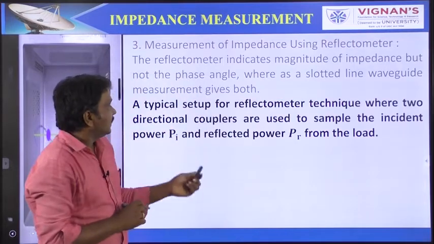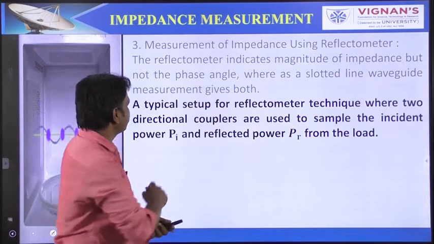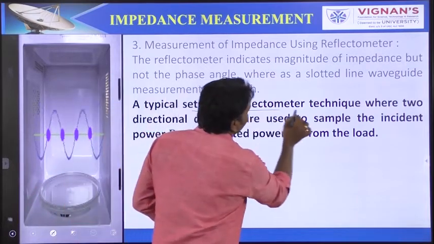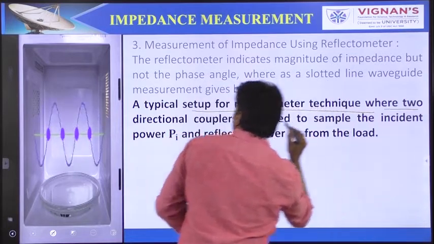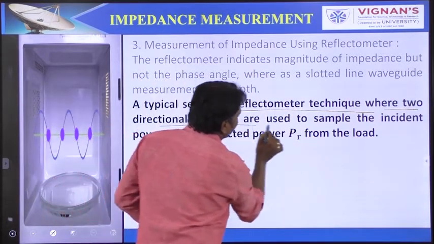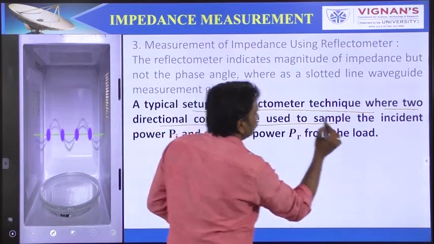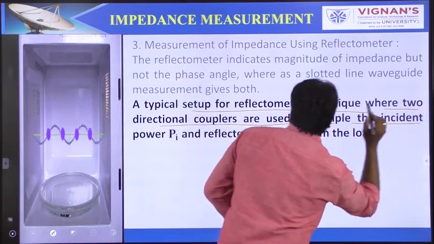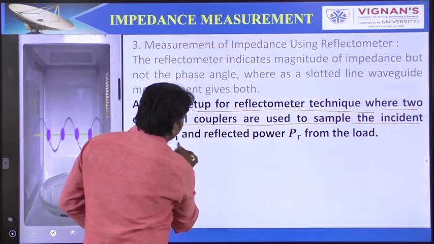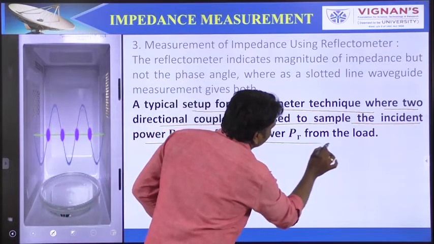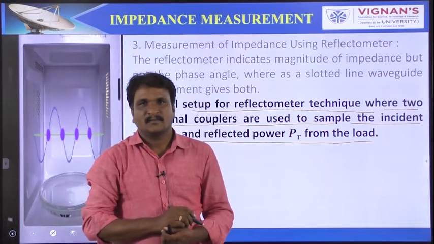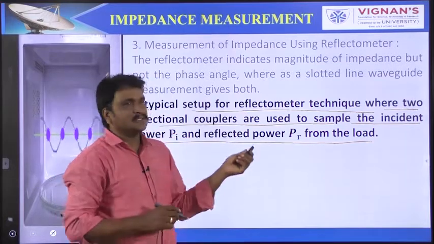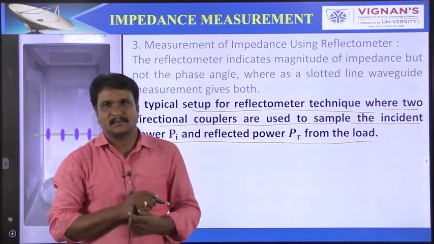A typical setup for the reflectometer technique uses two directional couplers to sample the incident power Pi and the reflected power PR from the load. Already we know the property of the directional coupler.